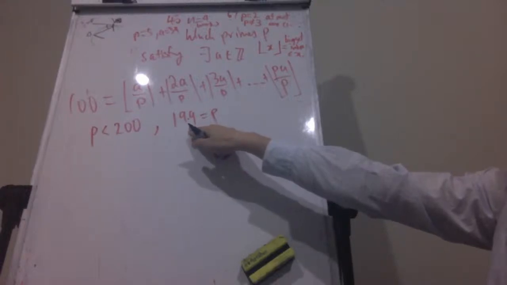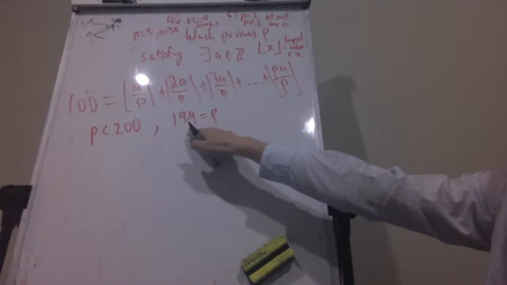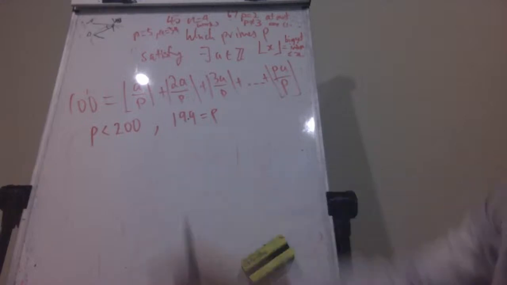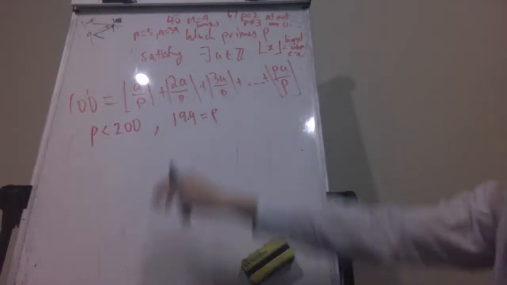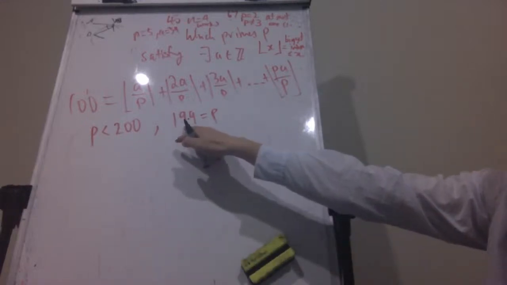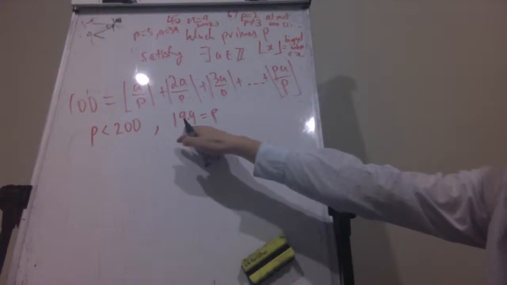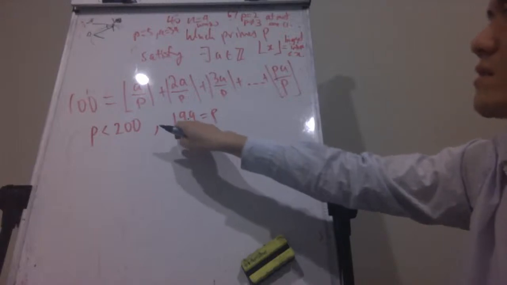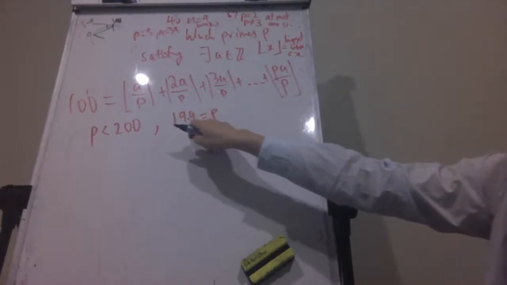We just have to check the hard ones: 13, 11, 7, 5, and 3. Obviously 5 and 3 don't work. Is it divisible by 7? That's 59, mod 7, so it's not divisible by 7.